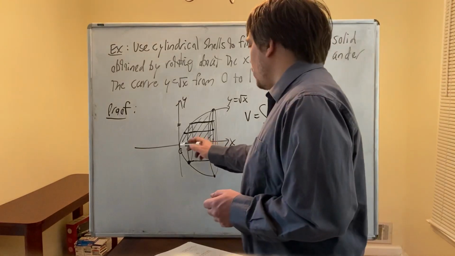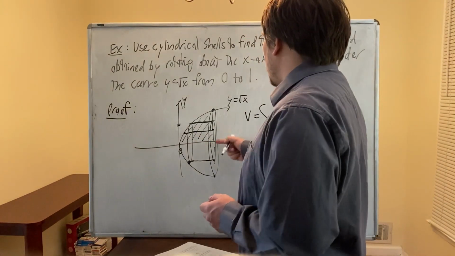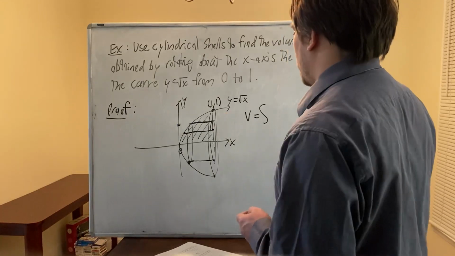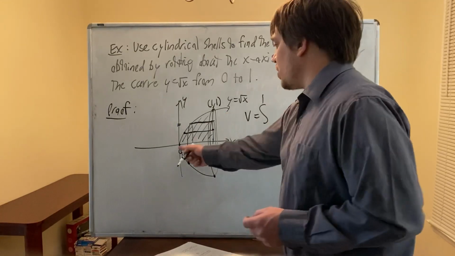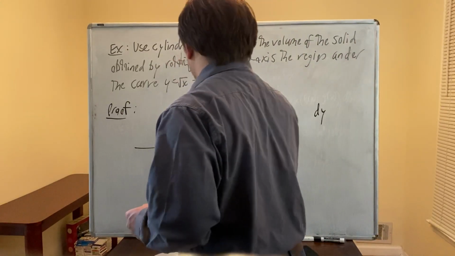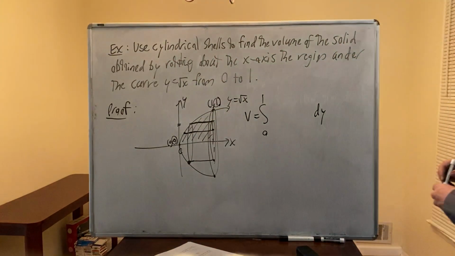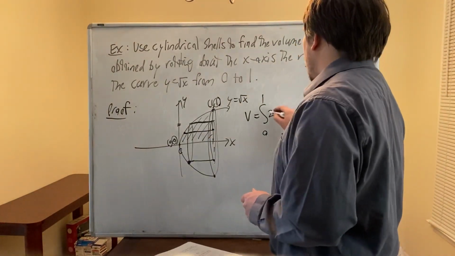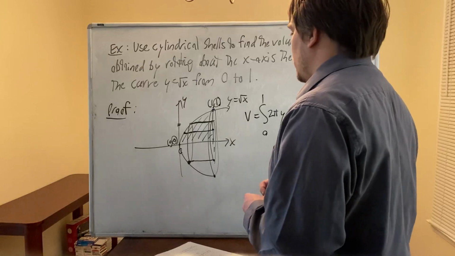And the y values are ranging from 0. This is when x equals 1, so this point is 1 comma 1. When x is 1, y is 1. So the y values are ranging from 0 here, because this point is 0 comma 0, to 1. So y values are ranging from 0 to 1. And you have 2 pi y now.